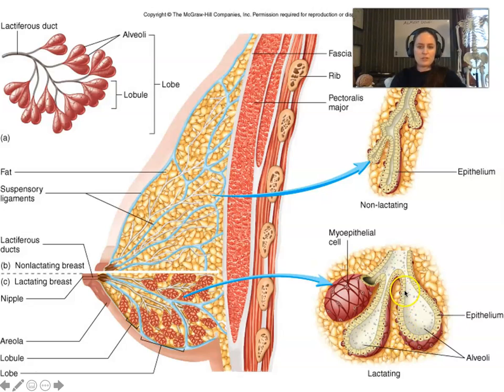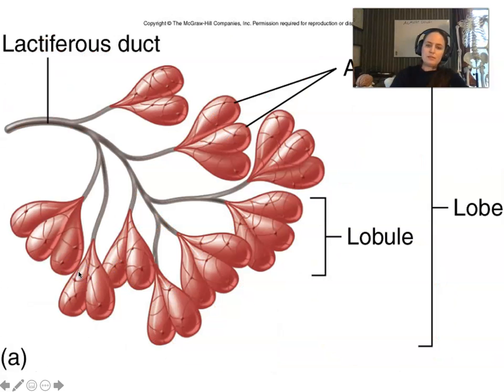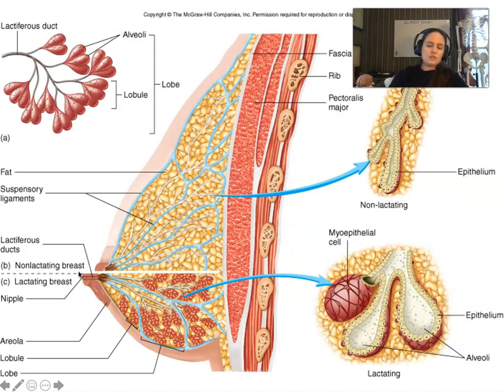So they do secrete their products via vesicles into the space of the alveolus. And then you would zoom out a little bit more, you would see them bunched together like this. So they're all secreting into ducts that merge into larger ducts. Those are called lactiferous ducts, and that does lead to the milk going into the external environment.